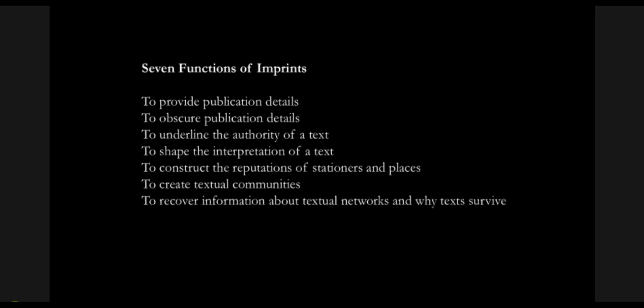They provide basic publication details, but they can also obscure these details, act as a marker of authority, shape the interpretation of the main text, advertise and construct the reputations of stationers and places, create textual communities, and particularly for us today, help to recover information about textual networks and why certain texts were selected for publication, and by extension, why they survive.